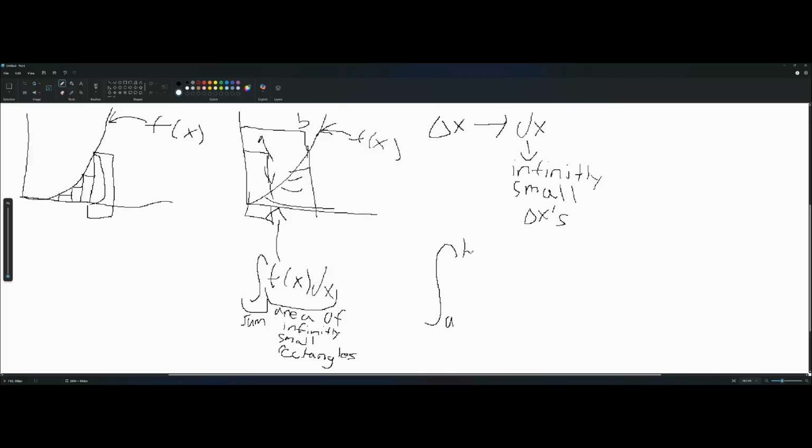We can say that this is just the integral from A to B of f of x dx. And so now you may be thinking, how does this relate to derivatives? Well, I'm not going to show you the proof because I'm not sure we have enough time to show the proof.